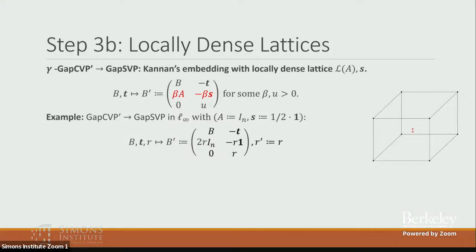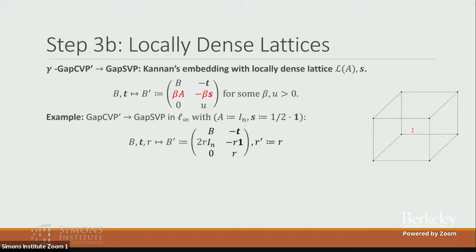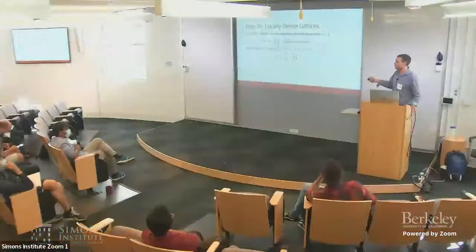This is a full reduction showing deterministic NP-hardness of gap SVP in the L infinity norm. Does it actually show even more hardness of approximation? Yeah, well, depending on the approximation factor.